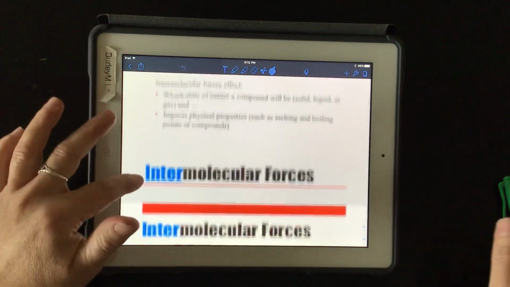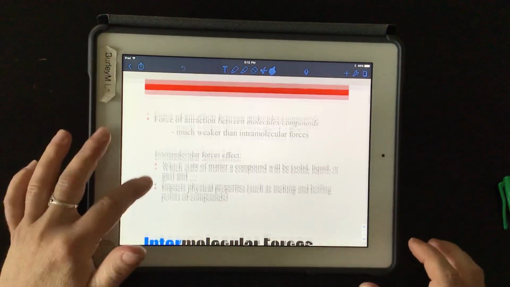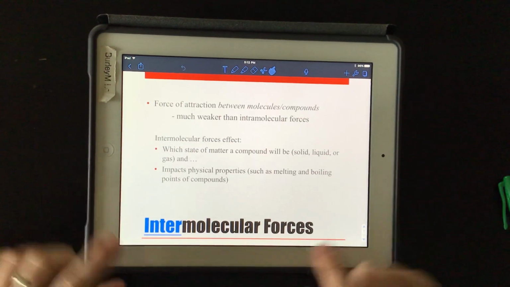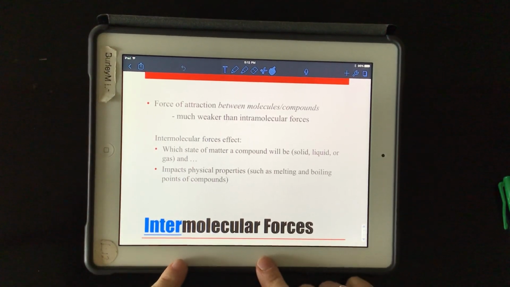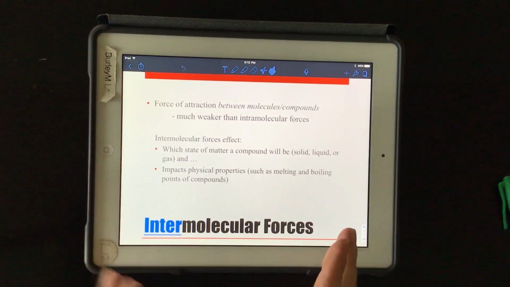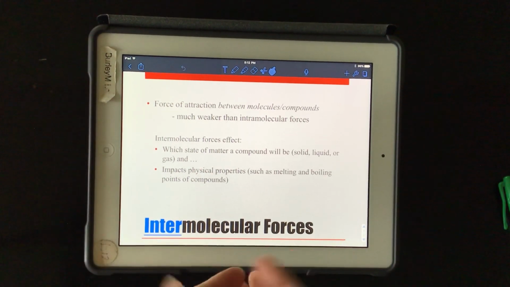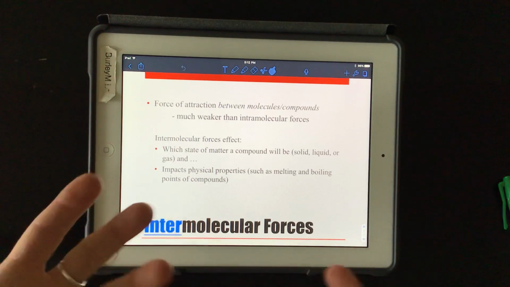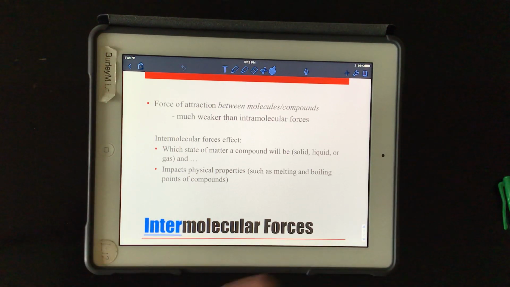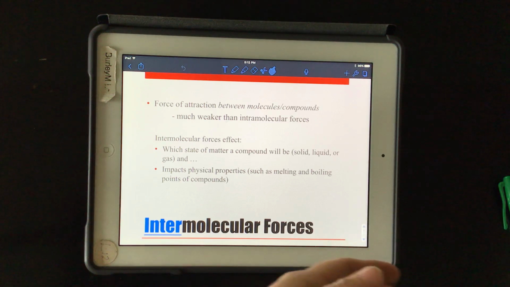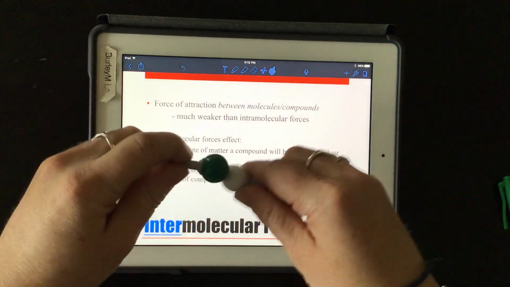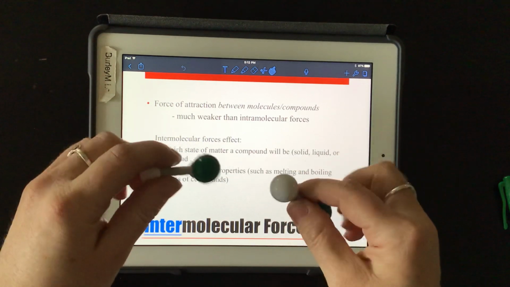One more thing I want to point out is at the bottom of the first slide on intermolecular forces. Depending on how strong or weak your intermolecular forces are, it will let us know what state of matter they exist in nature. So does something naturally exist as a solid? Well, then they probably have a very strong intermolecular force where they stay very stuck together.